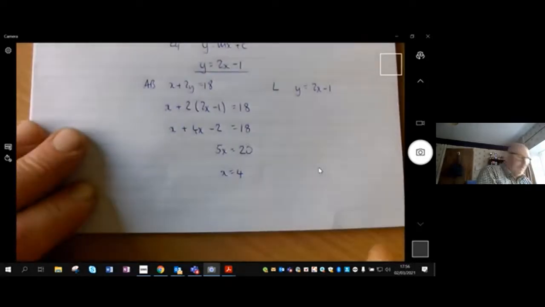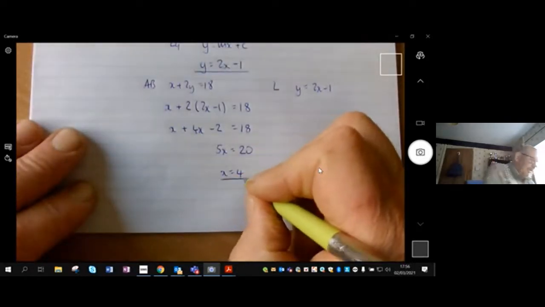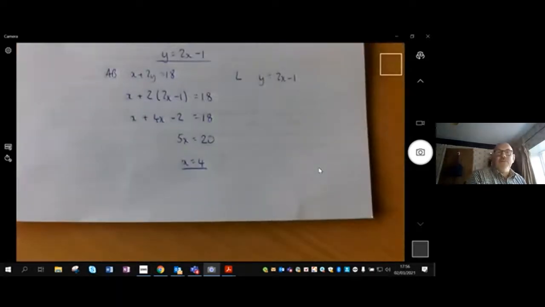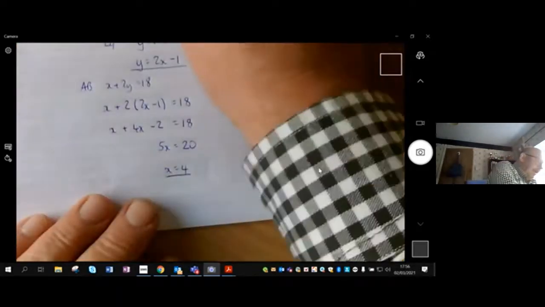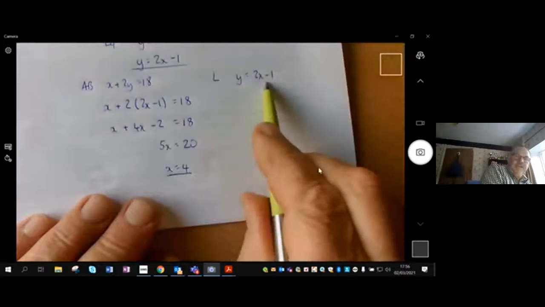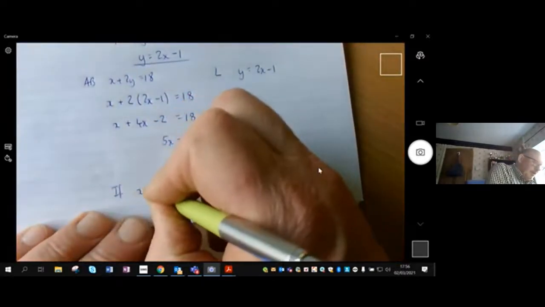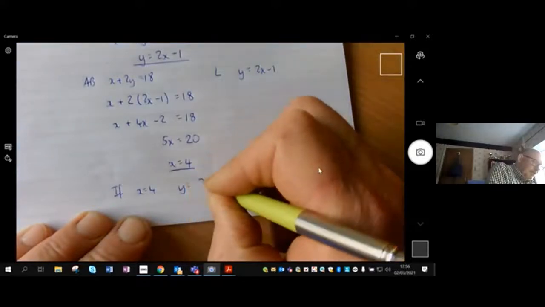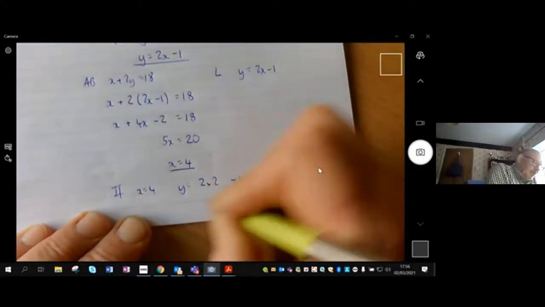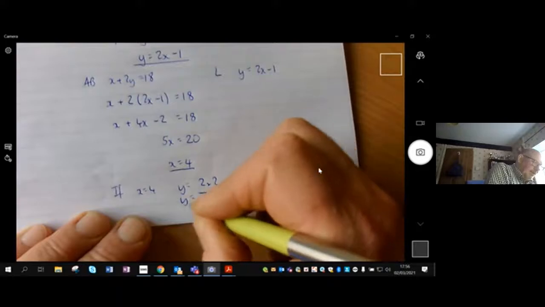So x equals 4 and y equals 7. Well, I can use that: if x equals 4, y equals 2 times 4 minus 1, y equals 7.